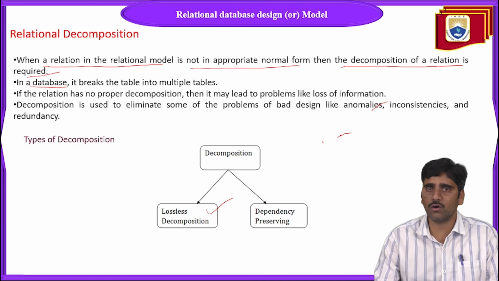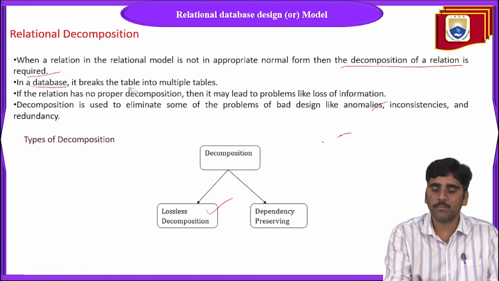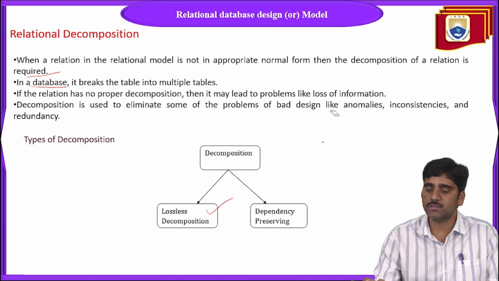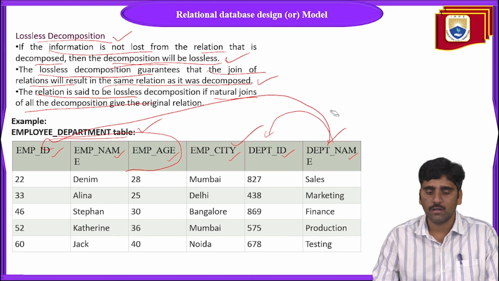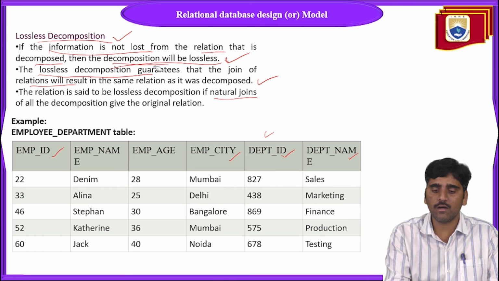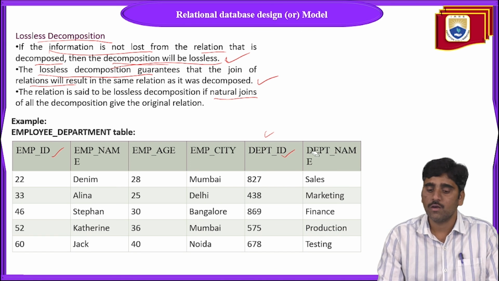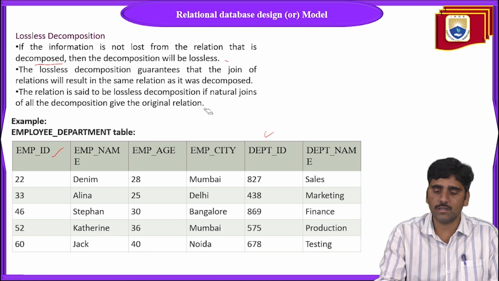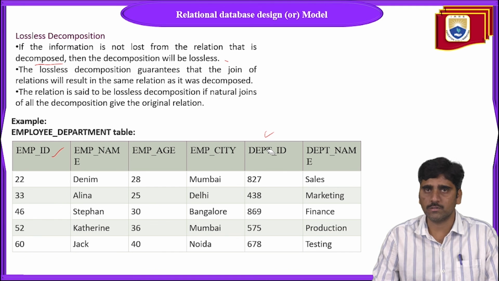After decomposing the table, the decomposed tables can be joined together with the help of natural joins or inner joins, so that we do not lose any information from the original table. That is nothing but lossless decomposition.